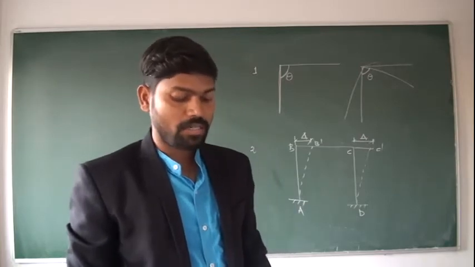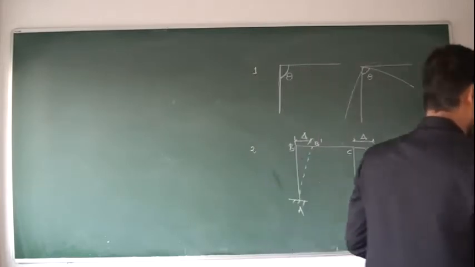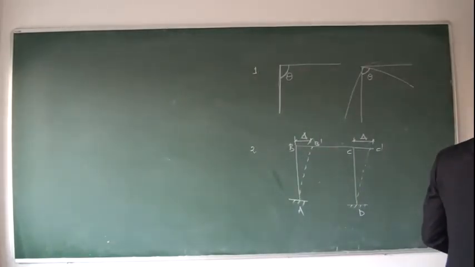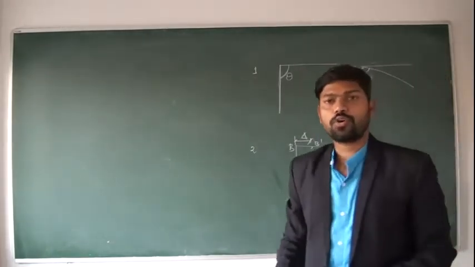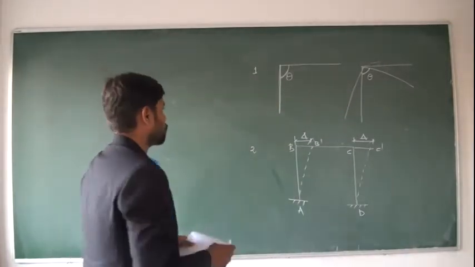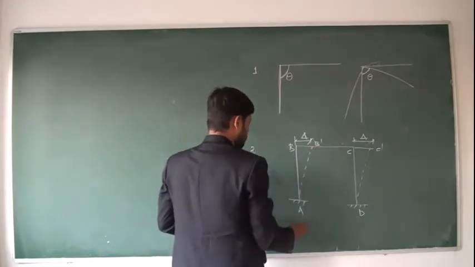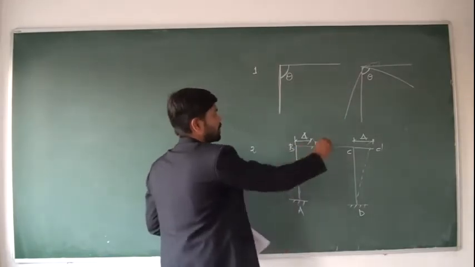Then the second is distortion due to axial deformation. So what is distortion due to axial deformation? See here in figure number 2, this is the frame.